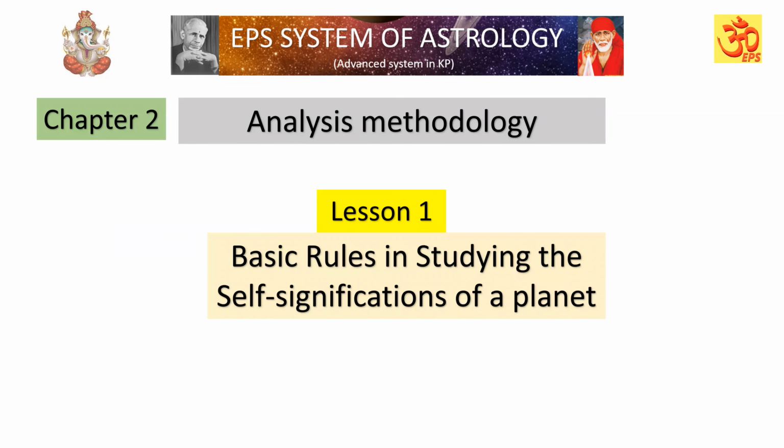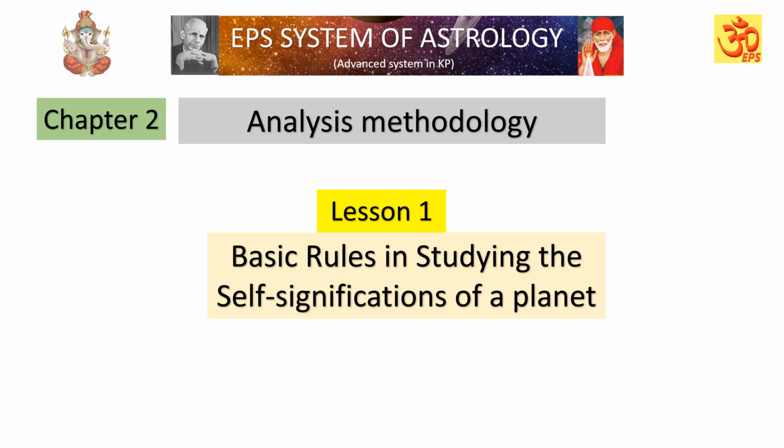Under chapter number 2, Analysis Methodology, lesson number 1: Basic Rules in Studying the Self-Significations of a Planet. In this, we are going to study the basic rules for studying the self-signification of a planet.